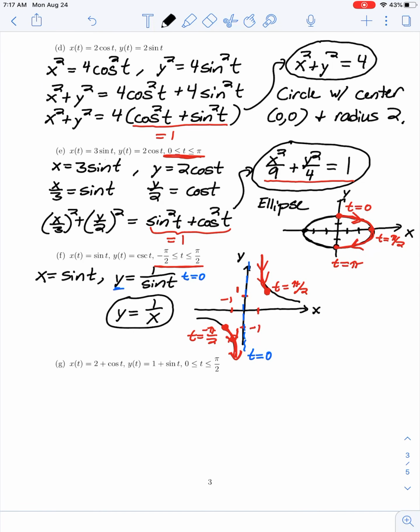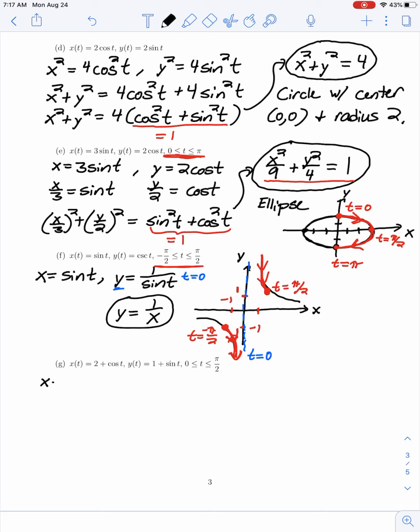So in general, any time that your parametric equations involve sine and cosine of the same argument, say sine and cosine of t, you want to solve for sine and cosine and then take the sum of those squares, which we know is equal to 1. We've seen that in part D, part E, and now in part G.